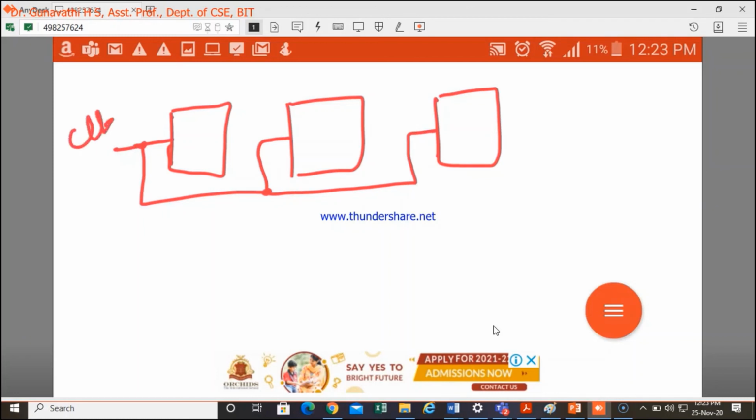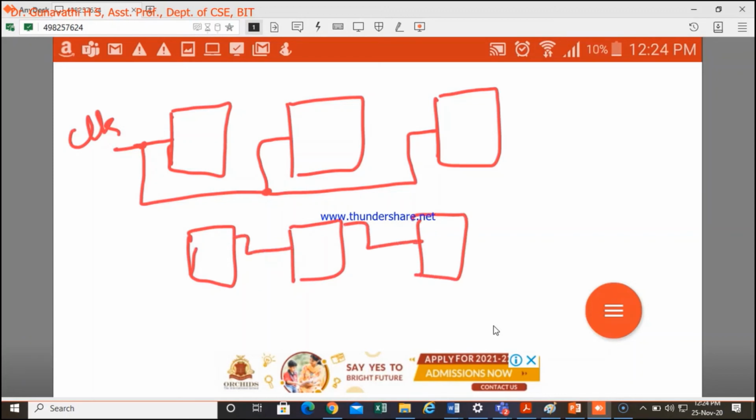Synchronous means it's synchronized with respect to the clock. Asynchronous means the output of the previous stage will be triggering the next one. Only the first stage is provided with the clock. In synchronous, the same clock is provided for all the flip-flops, and the outputs we extract like this.